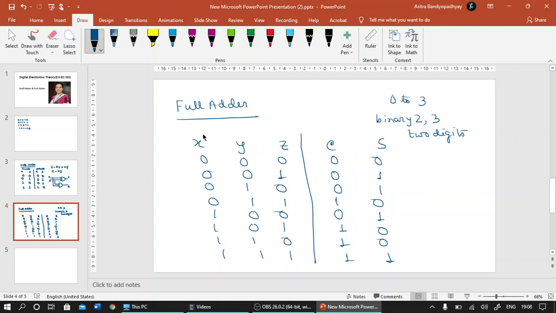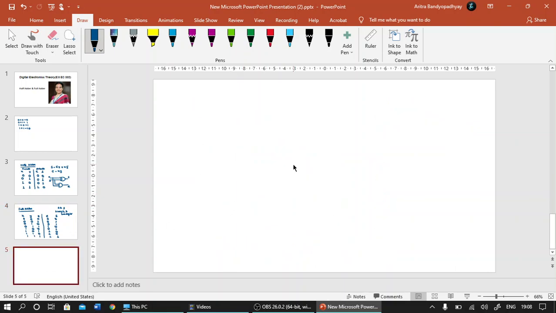The C output has a carry of 1 if 2 or 3 inputs are equal to 1. So the input-output logical relationship of the full adder circuit may be expressed in two Boolean functions, one for each output variable. Each output Boolean function requires a unique map for its simplification.